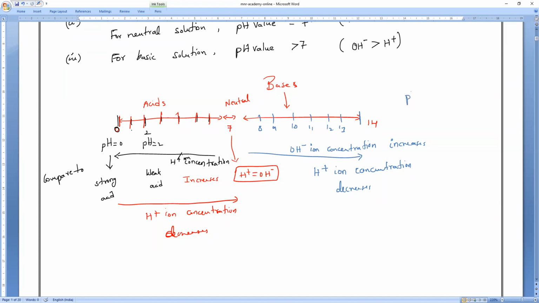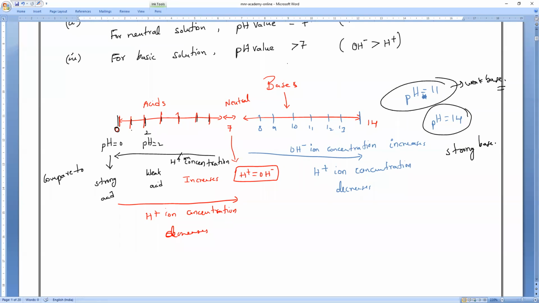Now, pH 11 and pH 14. Which is the strong base, pH 14 or pH 11? pH 14 is a strong base, and pH 11 is a weak base.